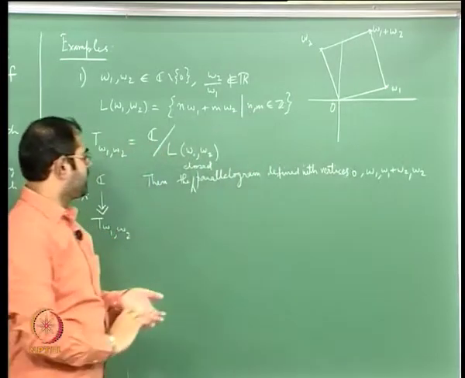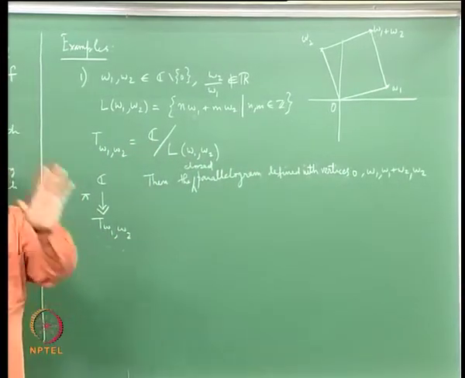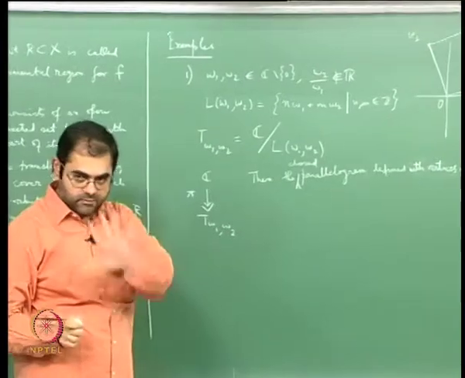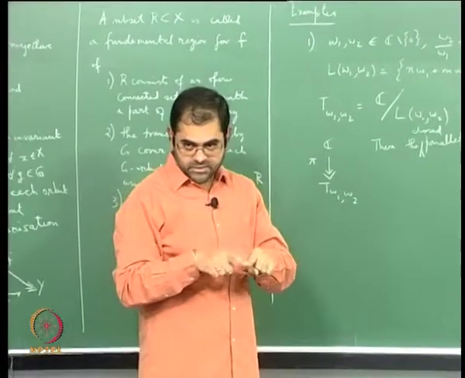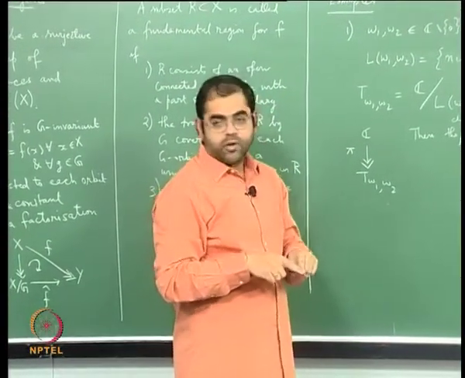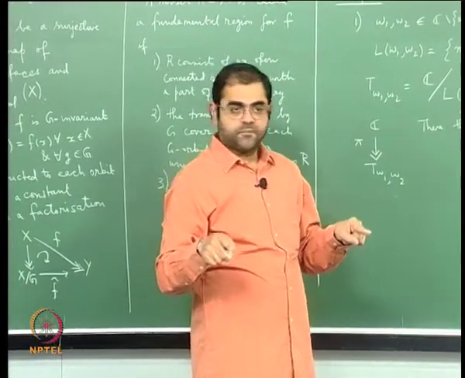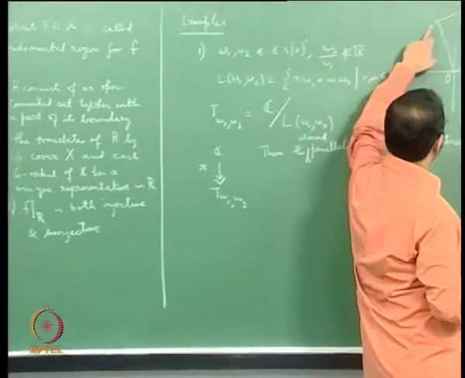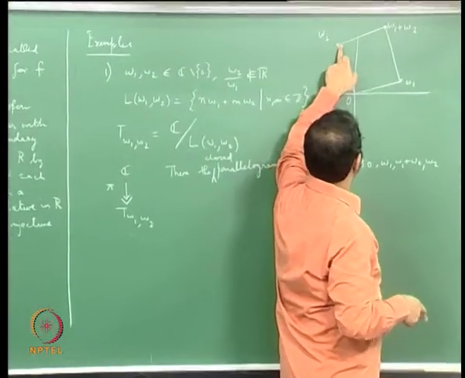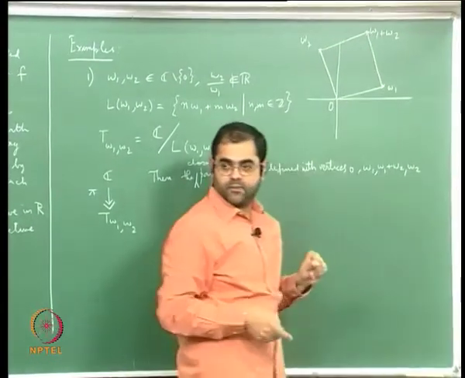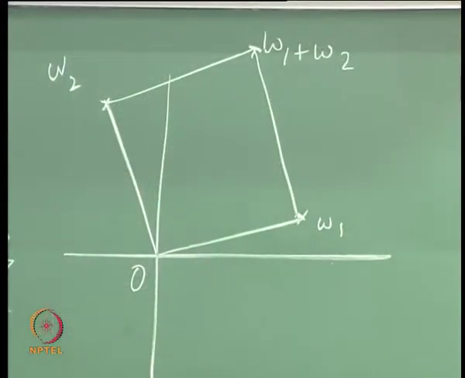The closed parallelogram defined with vertices, which means I take all the interior of the parallelogram and also the edges, the boundary. Then throw out two coterminous edges, for example the edge containing this edge and this edge.